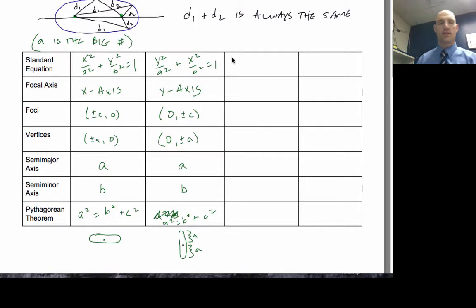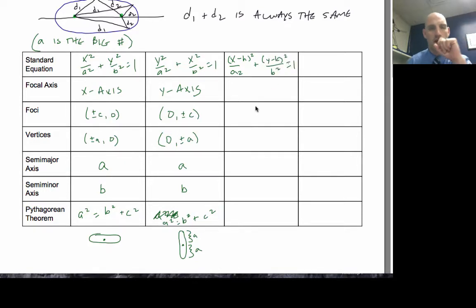So what are my alternatives here? Well, I started out, a is the big number, right? Always the major axis, always that focal axis. And so what happens if x comes first and it is over a squared, but I'm moving, what's going on here? I'm moving my center. Well, it would look like this. y minus k squared over b squared equals 1.